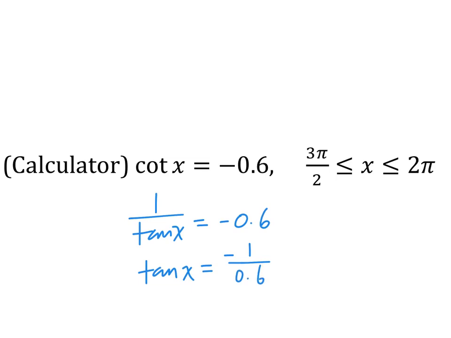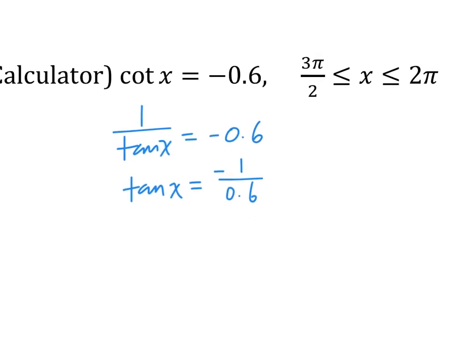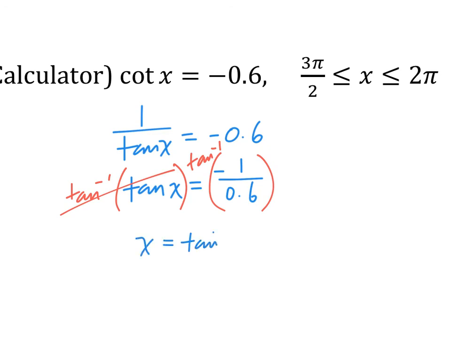Okay, so we want to find x, which is going to be our angle. To find x, we need to get rid of that tangent. To get rid of tangent, we use the inverse tangent. So if you kind of recall from very early on, the inverse function of the original function is going to cancel. X is inverse tangent, negative 1 over 0.6.